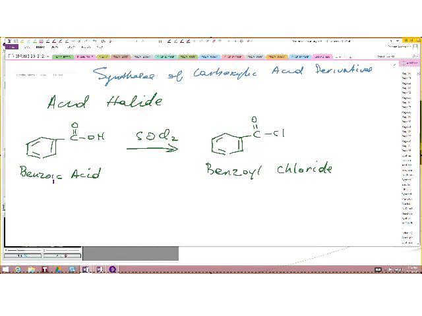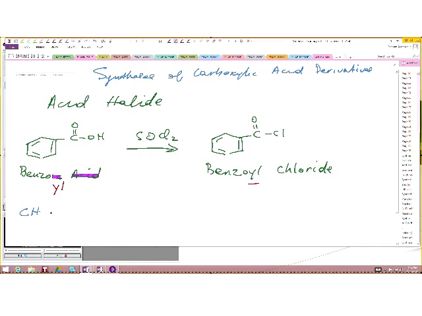So to derive the name of the acid chloride, you remove the IC and the word acid, and you replace them with YL and then the word chloride or bromide. So that is why we got benzoyl chloride.